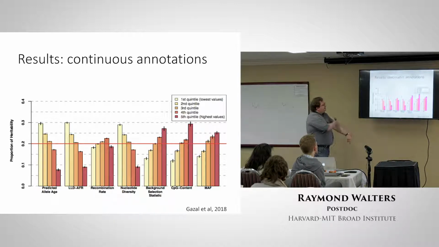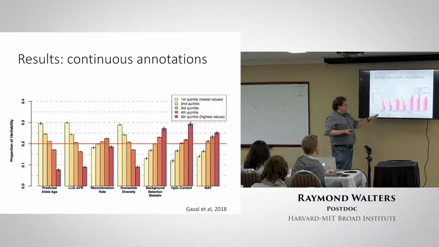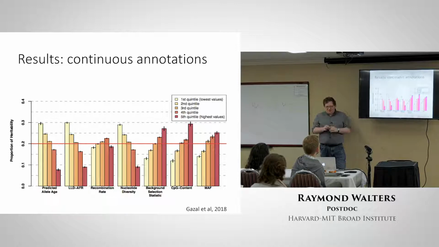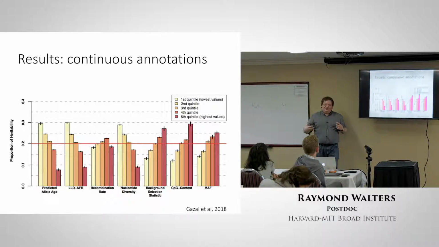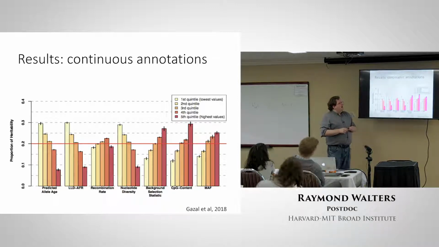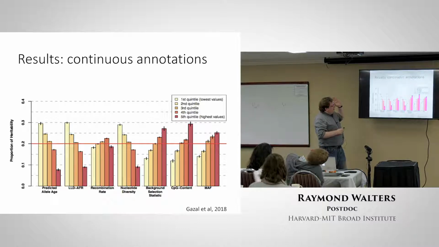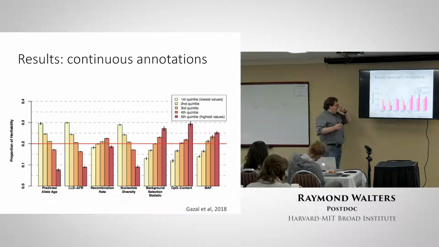But this finds that, for example, if we look at, say, predicted allele age, which is, again, trying to get at, in evolutionary time, maybe more common things are older, and if you've been around for a long time, you aren't being selected against, versus newer things have had less time for selection to act on you. And we see that the enrichments here maybe fit with that.